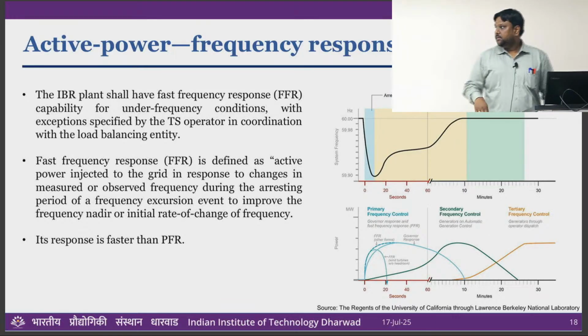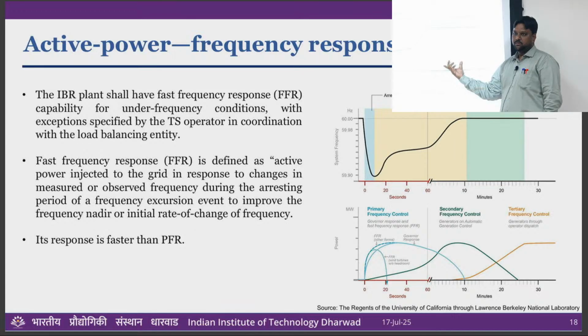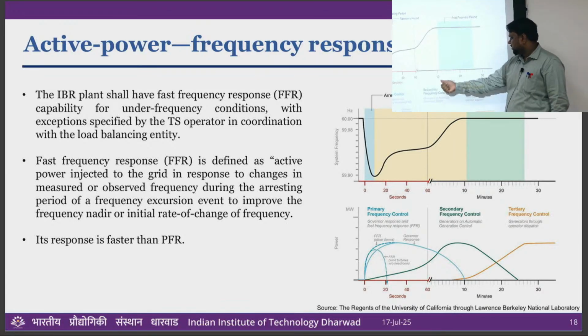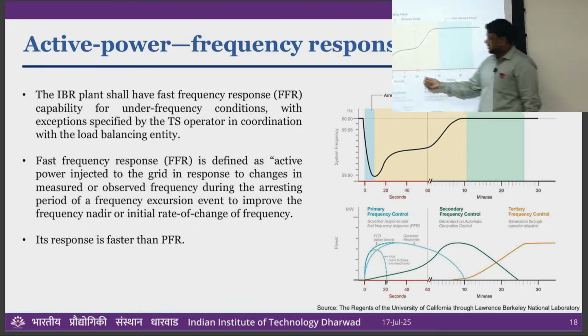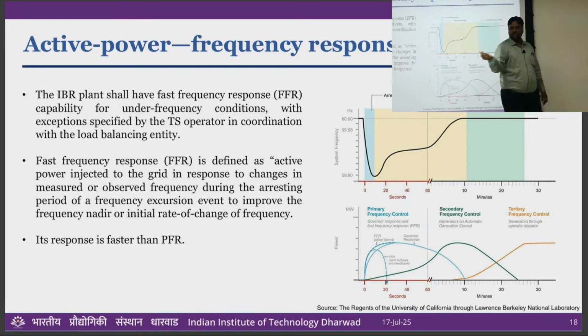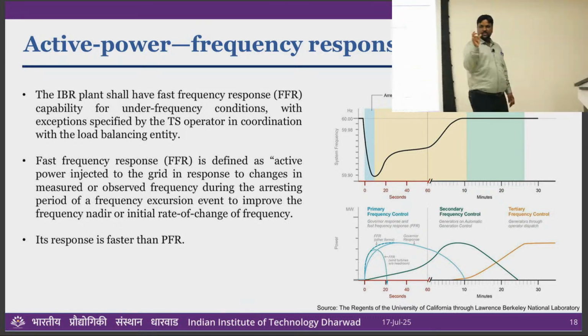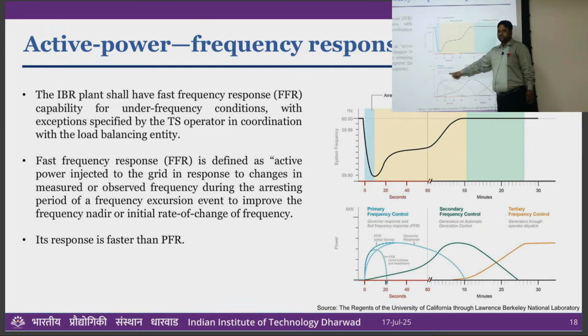So this period is also not mandatory, and it has a very long time. You can see 10 minutes onwards you have time, but this time, if you see, is a number of seconds, 10 seconds, 5 seconds. Within that, your primary frequency response in terms of FFR should act.